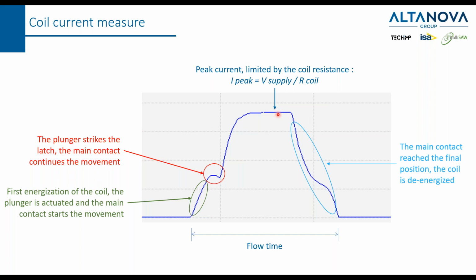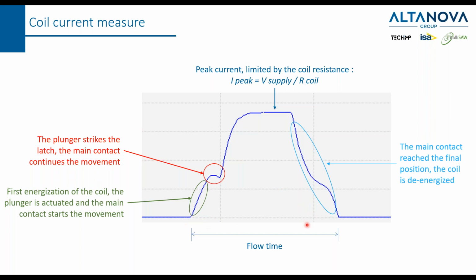If the resistance increases, the current will not be enough for the correct operation of the breaker. In this position of the shape, you see that the current is falling down. It means that at this point the main contact reached the final position, and then the coil command can be de-energized.